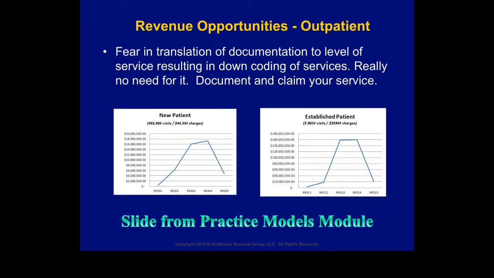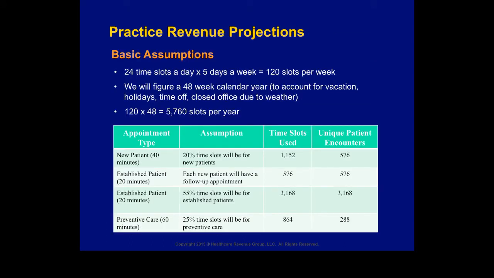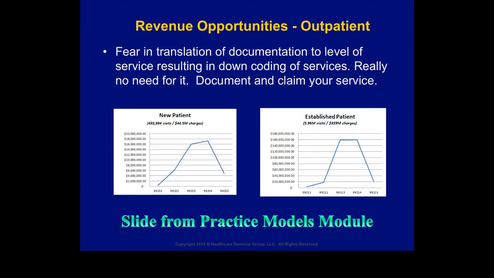Now remember, I'm going to see 576 new patients, and I'm going to see 3,600, 3,700 some established patients, and they're going to fall into our bell curve.